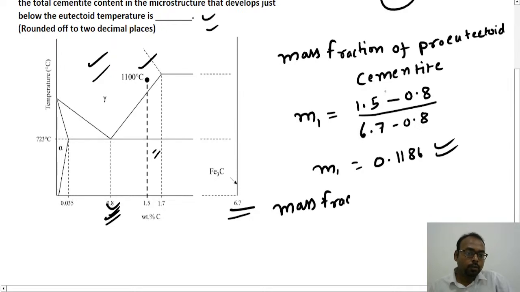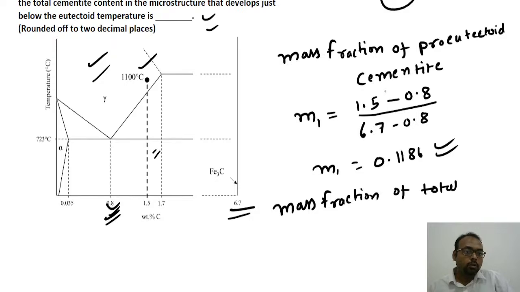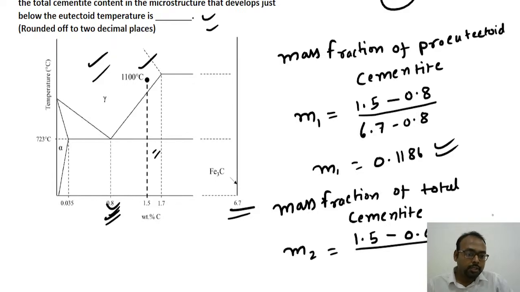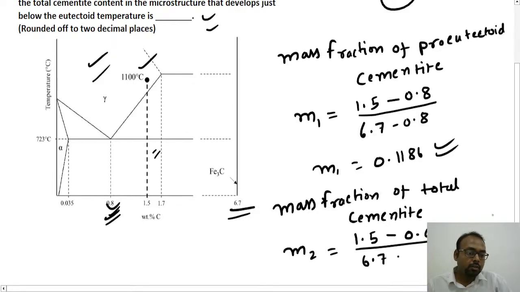So this is the pro-eutectoid cementite content. Now we will find out the mass fraction of total cementite. So the mass fraction m2 is 1.5 minus 0.035 divided by 6.7 minus 0.035.